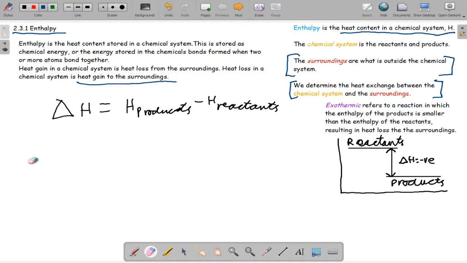And if you look at this diagram here, an exothermic reaction can be summarized as the negative change from the energy state of the reactants to the energy state of the products.